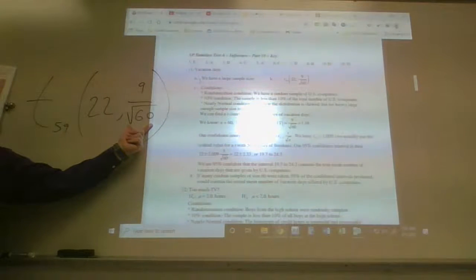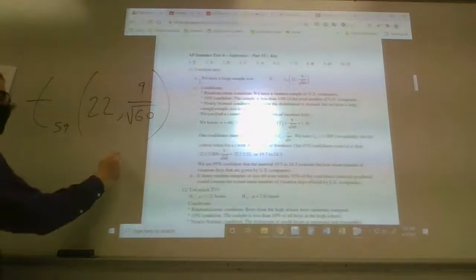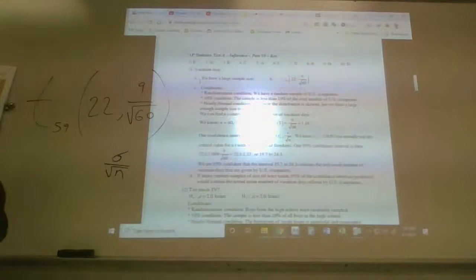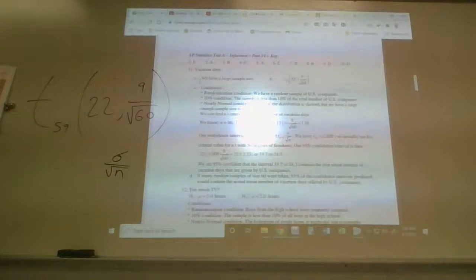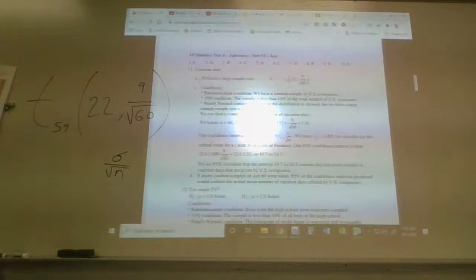Typically, when we did sampling distributions using the normal curve, we would have sigma over the square root of n to represent that sample standard deviation, or that standard error, I should specify.